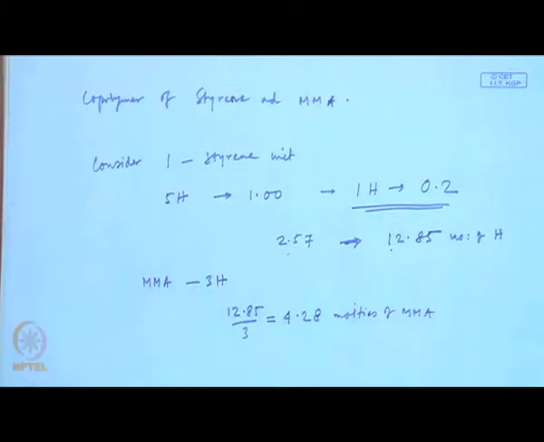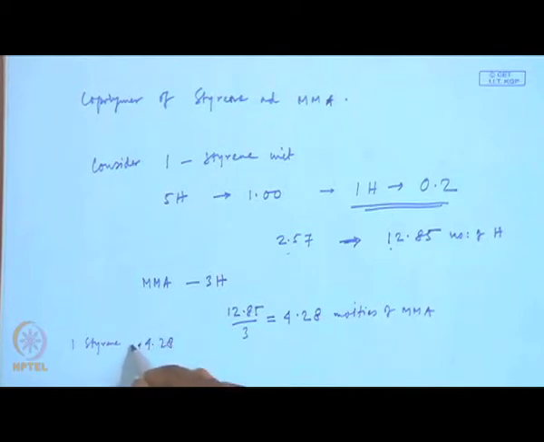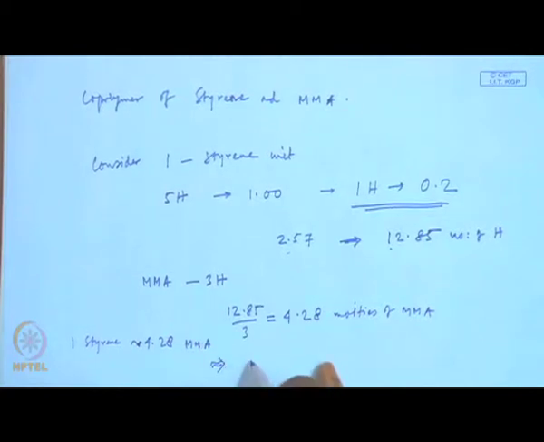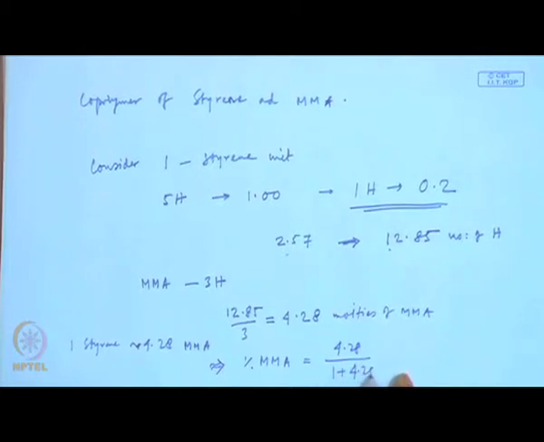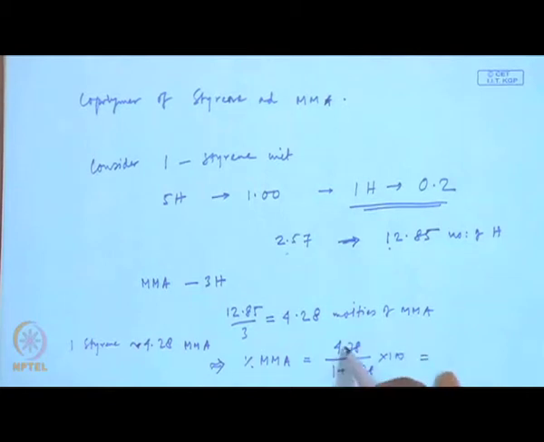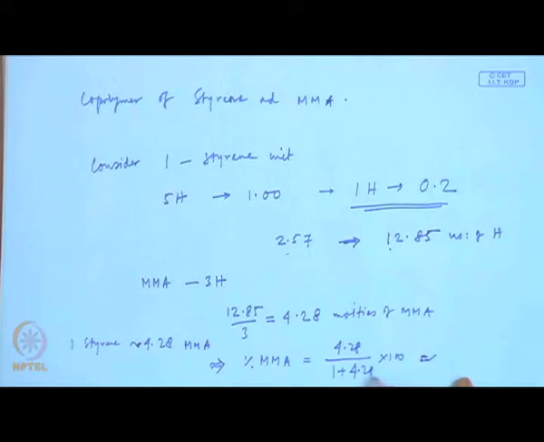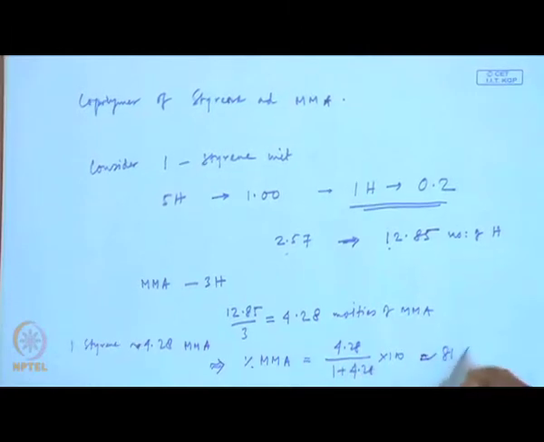So, this spectrum corresponds to 1 styrenic moiety and about 4.28 MMA moieties, which means the composition percentage of MMA is 4.28 over 1 plus 4.28, into 100, which gives around 81%.